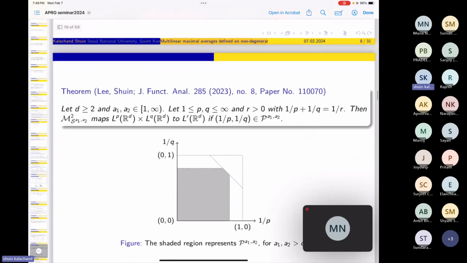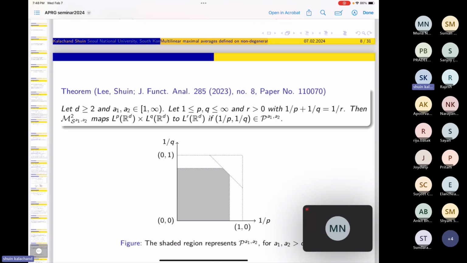Now this is our result. Let d be greater than or equal to 2 and A1, A2 real numbers greater than or equal to 1, and take p, q between 1 and infinity, satisfying the Hölder relation. Then this bilinear maximal function maps L^p times L^q to L^r if (1/p, 1/q) belongs to this set P(A1, A2).